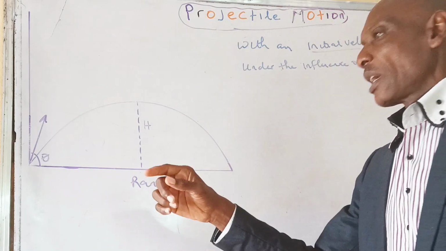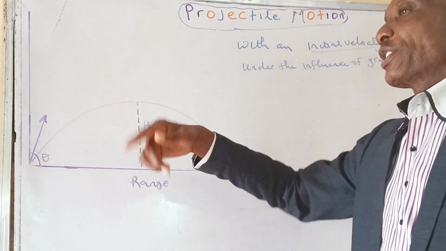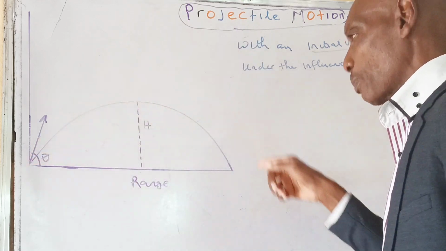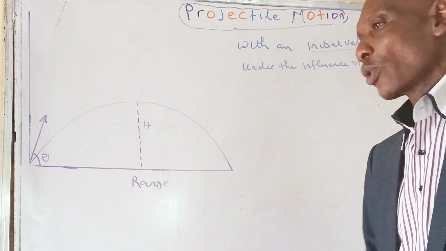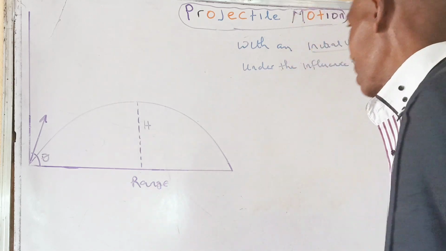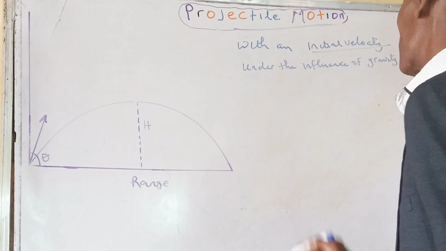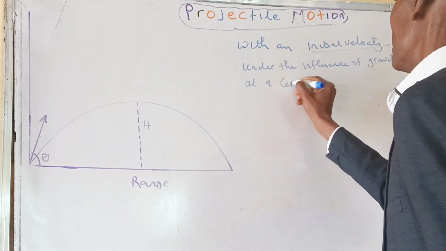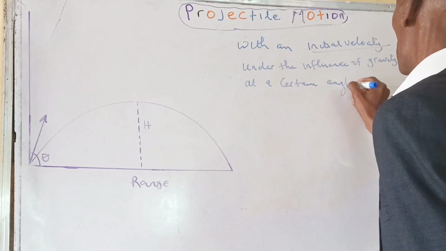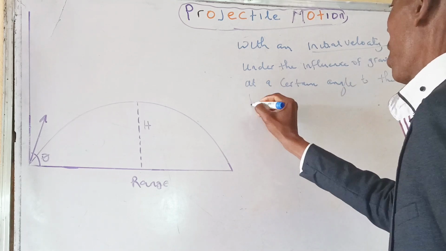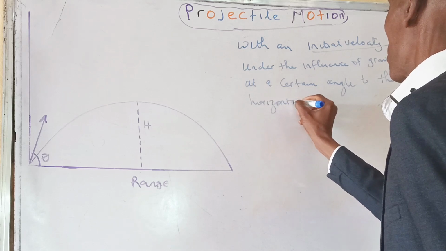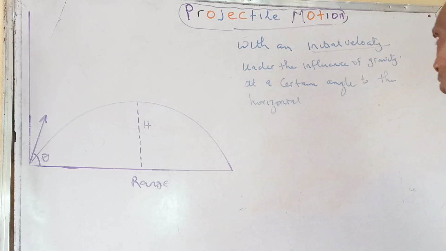And also because the stone is not traveling in a straight path, it describes a curved path. It means it has a certain angle to the ground or the horizontal. So we say it's the motion of a body with an initial velocity under the influence of gravity at a certain angle to the horizontal. This is going to be a working definition for a projectile motion.